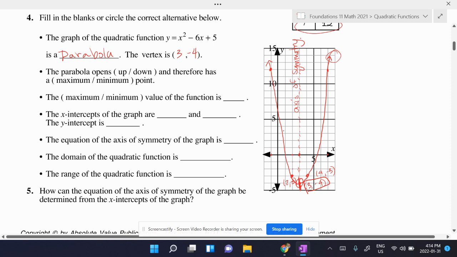The parabola opens up, which means it's going to have a minimum point. Nothing goes below that, okay? The minimum value is, so the lowest point here, y is equal to negative 4.